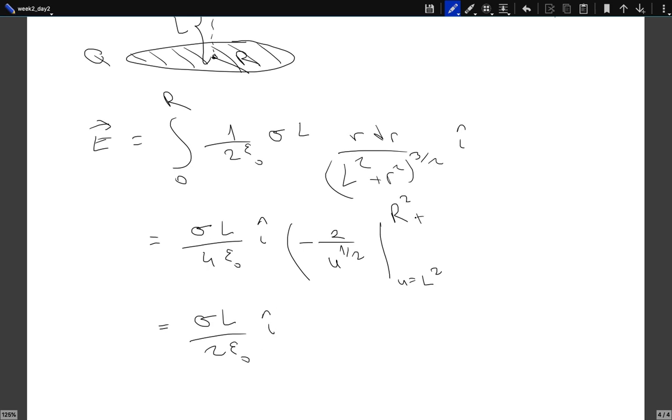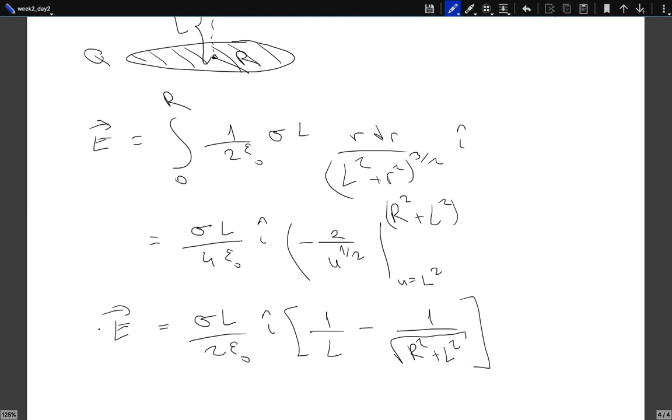So this is R squared plus L squared this time. 1 over L minus 1 over the square root of R squared plus L squared. This will be the final answer. So you see, the result now does depend on L.